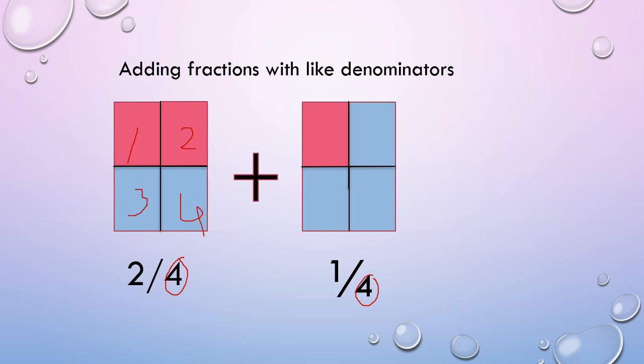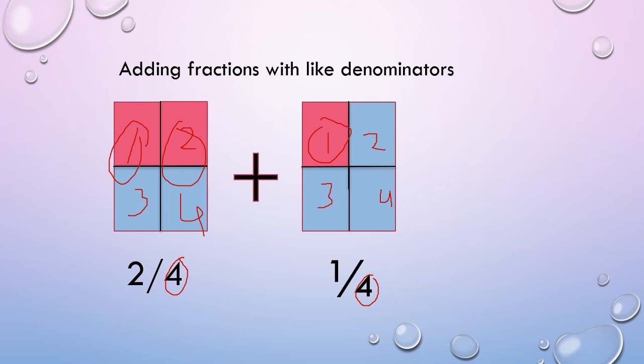Both of them have 1, 2, 3, 4, and 1, 2, 3, 4. So both of them have the same number of pieces they're cut into. But the number of pieces that are selected, in this it's 2, and in this it's just 1.